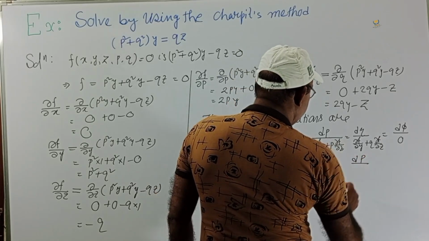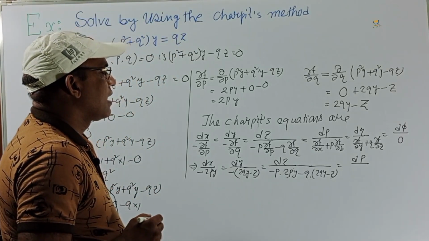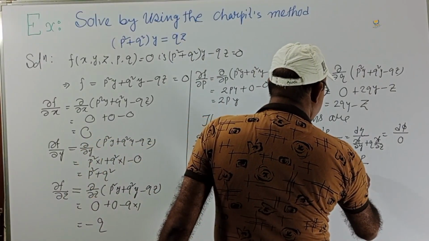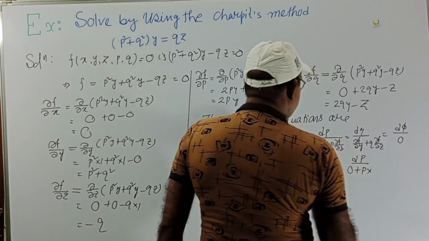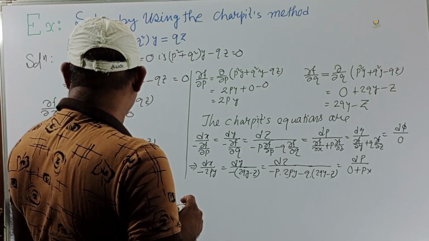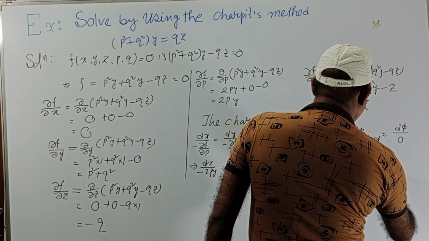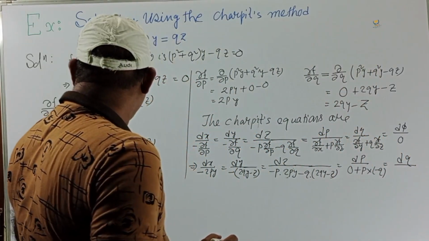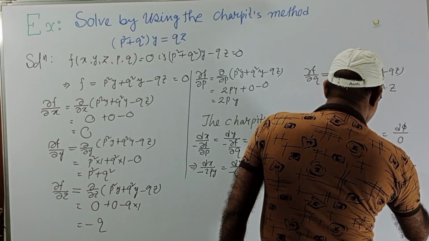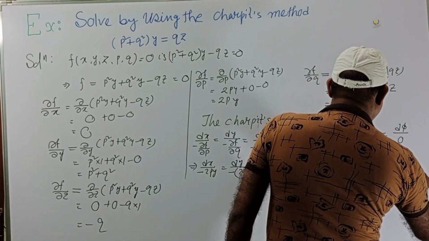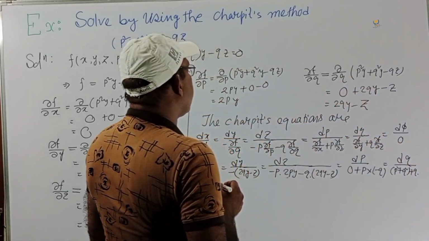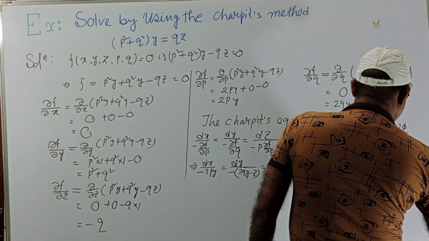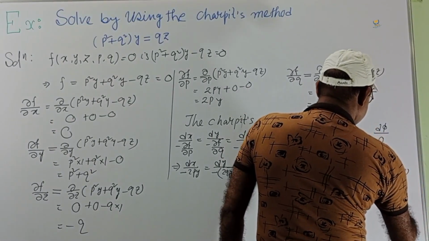And dp by del f del x, which is 0, plus p del f del z, which is minus q. dq by del f del y, which is p² + q², plus q into del f del z, which is minus q, and this equals d phi by 0.